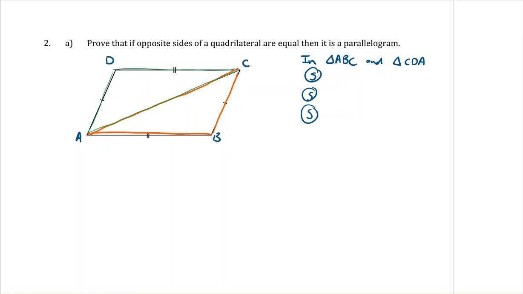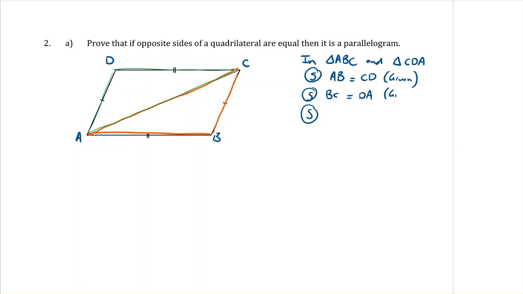So the first side I'm going to start with in the orange triangle is AB. AB is going to be equal to CD in the green triangle, and that was given to us on the diagram. Then BC is going to be equal to DA.